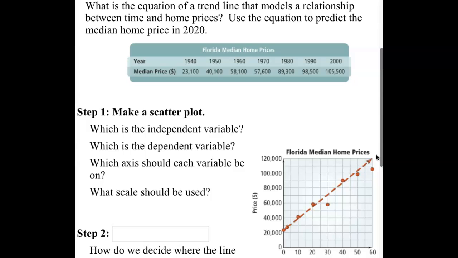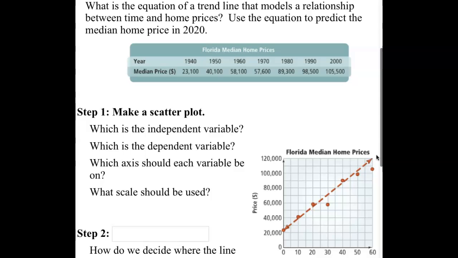In this example, it's asking us to come up with an equation for a trend line that models a relationship between time and home price. Use the equation to make predictions about the median home price in 2020. So we have values here since 1940 on up to 2000.